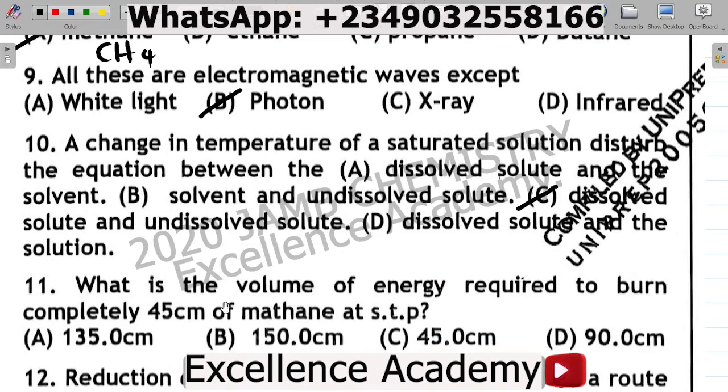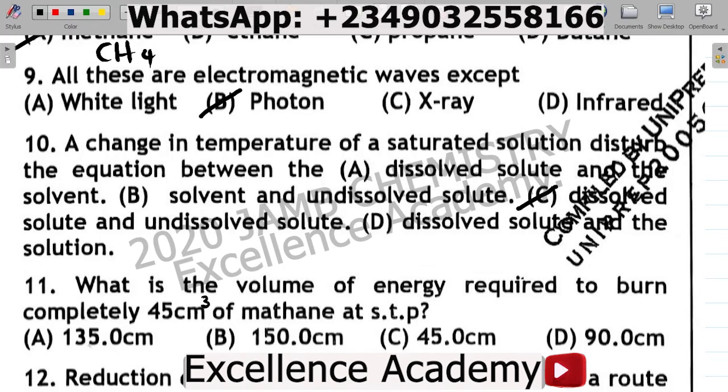As usual, I'll leave question 11 for you. Provide the answer to 11. Leave your answer in the comment section and I'll tell you if you're correct or not. Question 11 says, what is the volume of energy required to burn completely 45 cm³ of methane at STP, that's standard temperature and pressure.